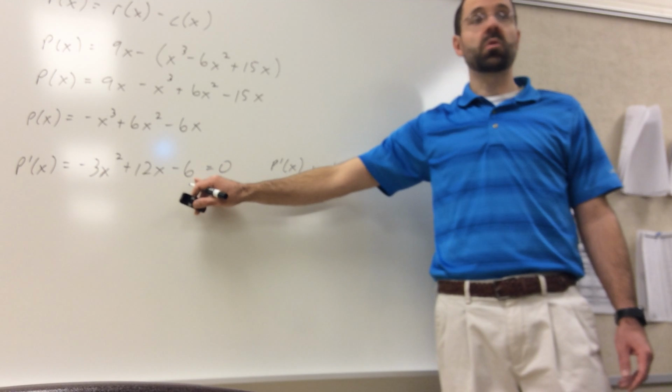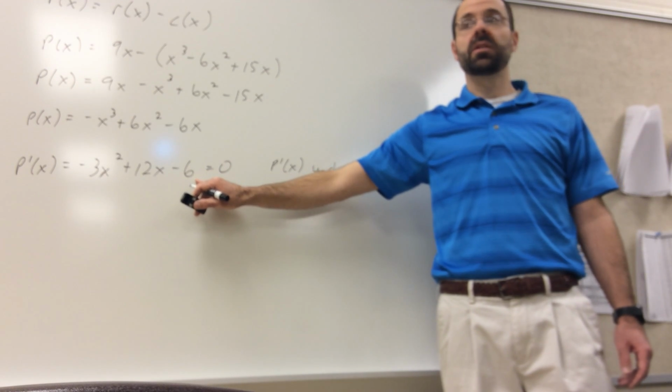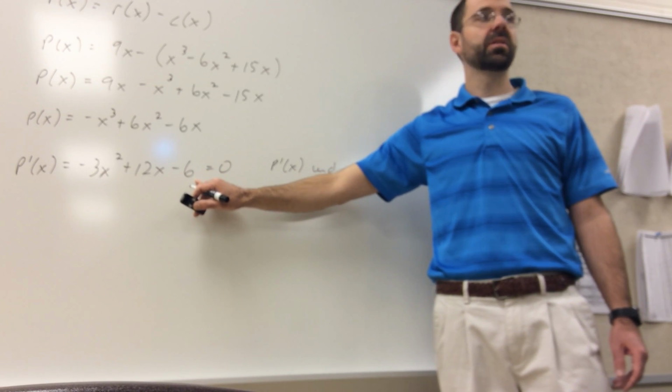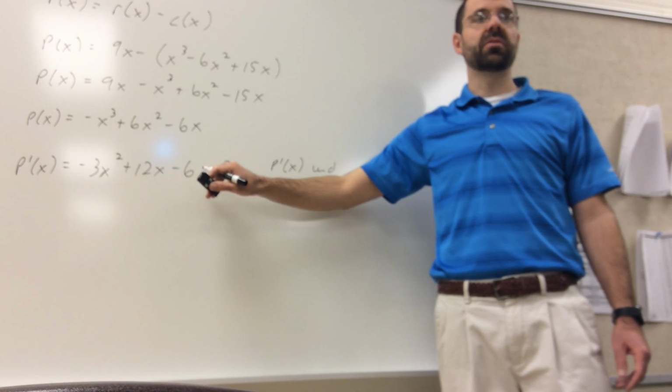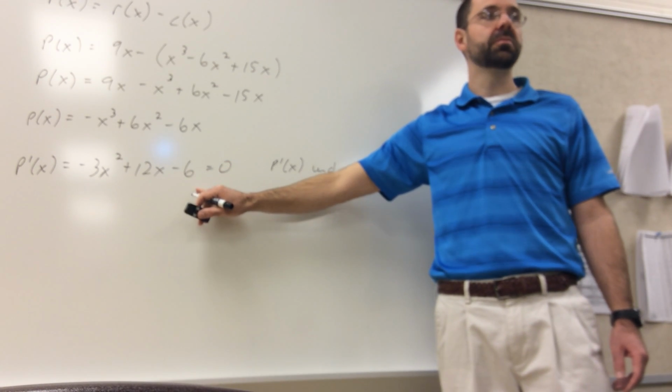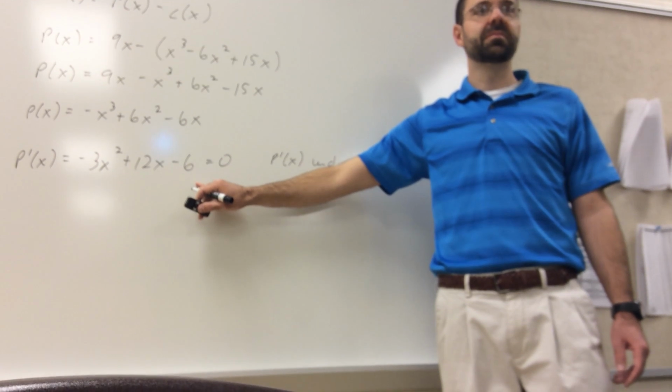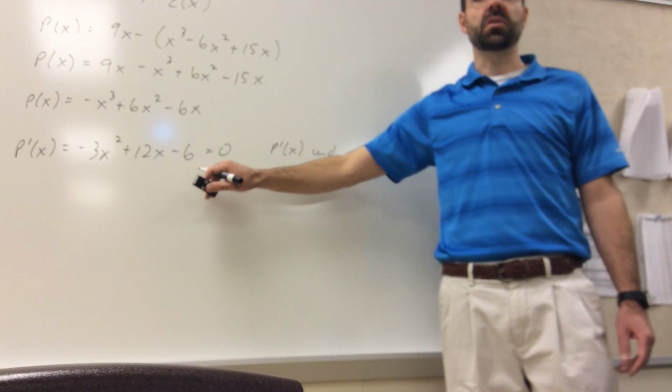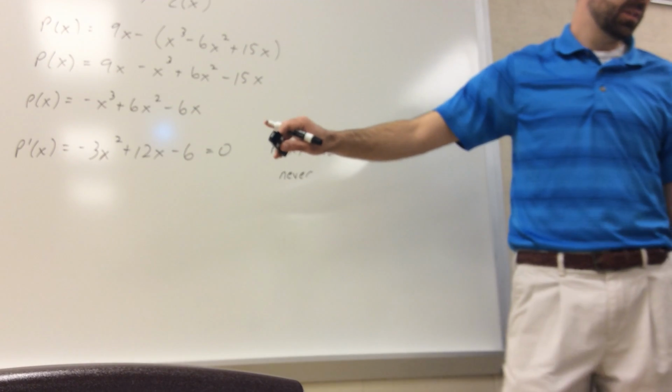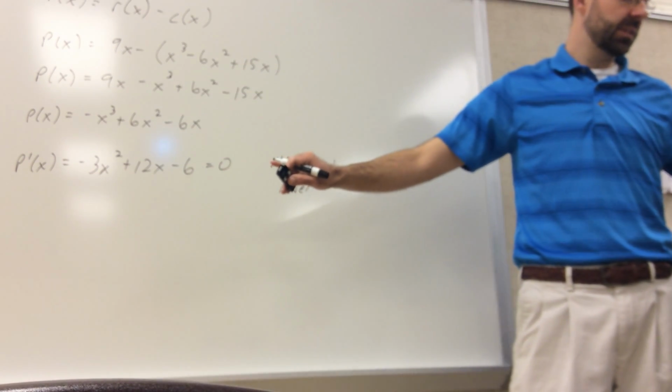Okay, so this is quadratic, so we could try to factor it, but it turns out it doesn't factor. So how do you solve if it doesn't factor? It's the quadratic formula. So that's what we got to do on this one.